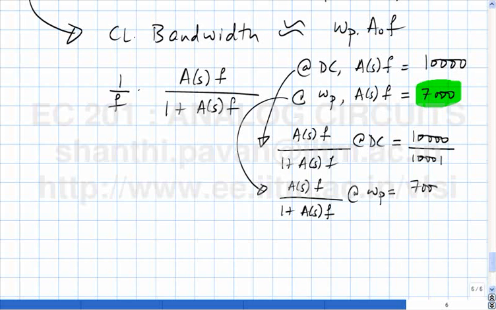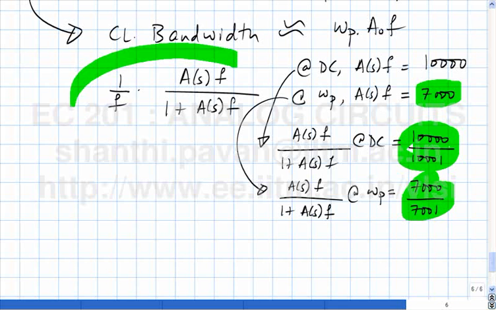It is about 7,000 by 7,001. So both these numbers are almost the same. Certainly at omega p, the closed loop response will be what was 0.9999 times 1 over f will become some 0.9997 times 1 over f.